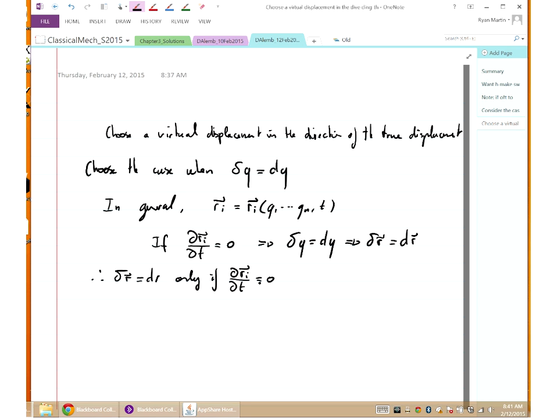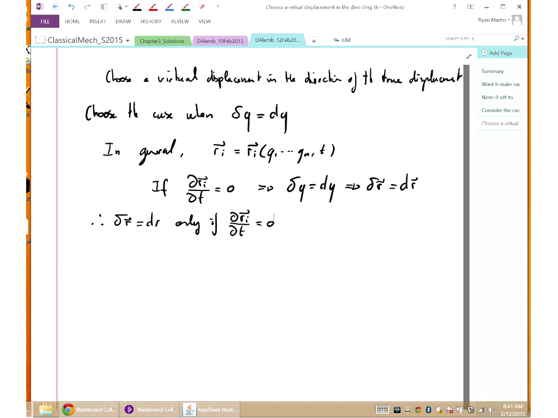So we're choosing only the specific case where the position vectors of the particles and the locations where the forces are applied don't depend on time when you express them in terms of generalized coordinates.